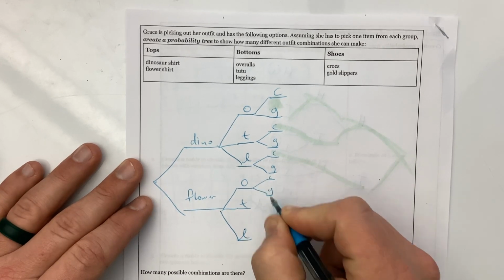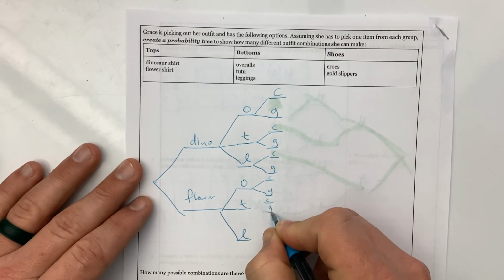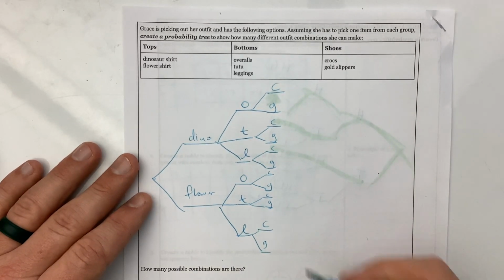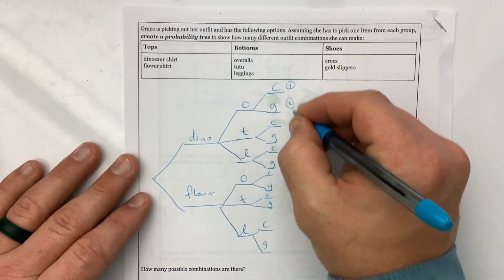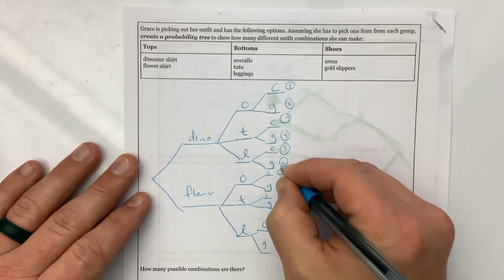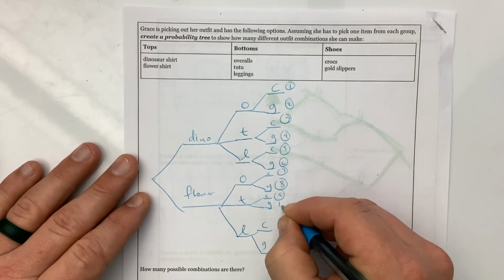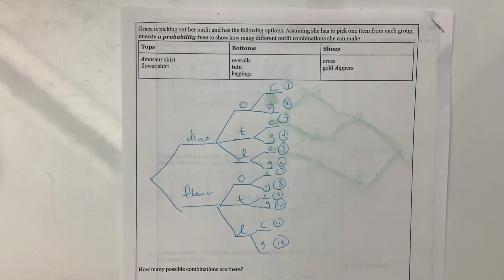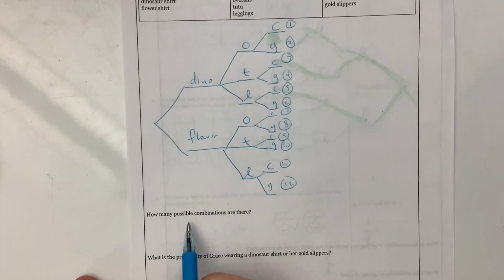So now there are 12 possible outcomes. How many possible combinations are there? 12.